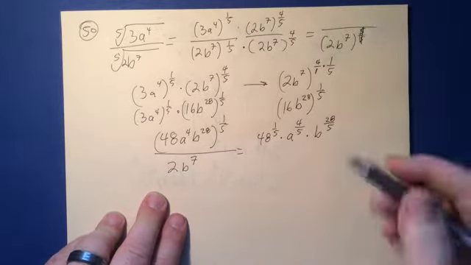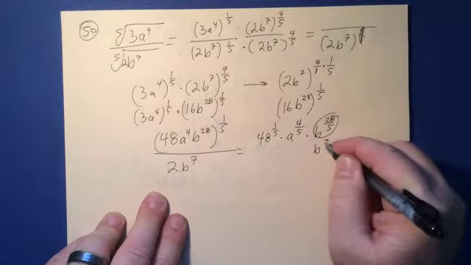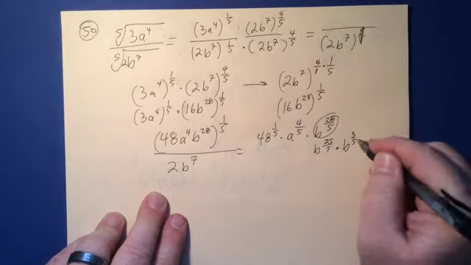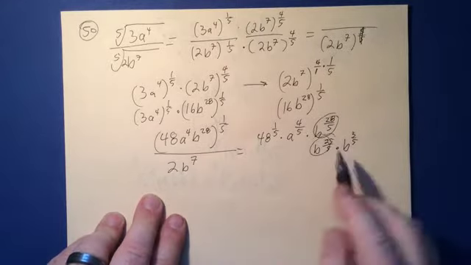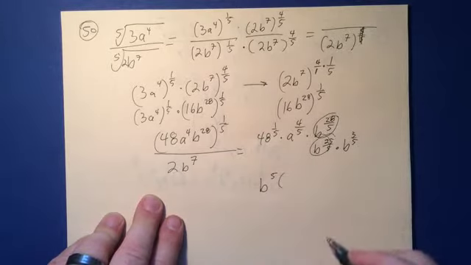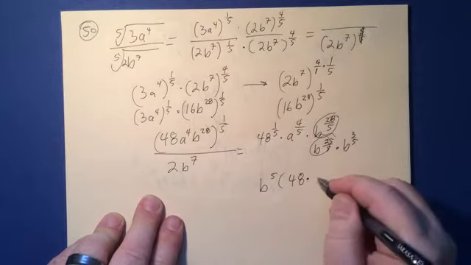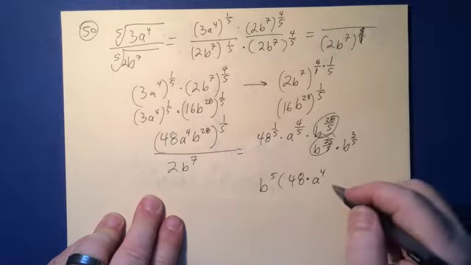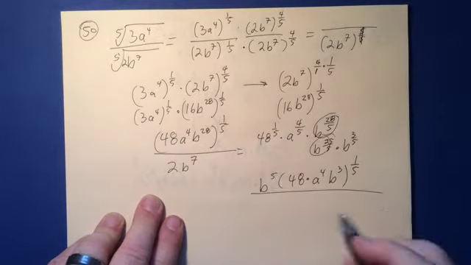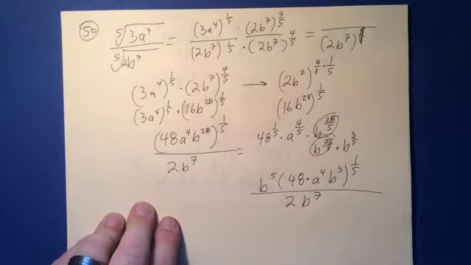Well, one way I can write out b to the 28 over 5 is as b to the 25 over 5 times b to the 3 over 5. So this one's actually going to pull out. So we'll be able to write that as b to the 5th times 48 times a to the 4th times b to the 3rd, all to the 1/5, and that's going to be over 2b to the 7th.